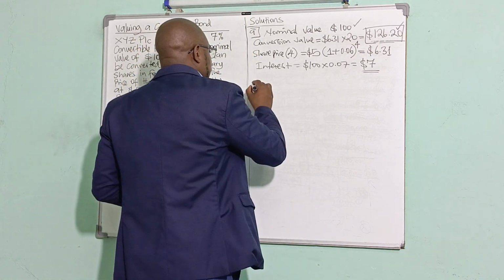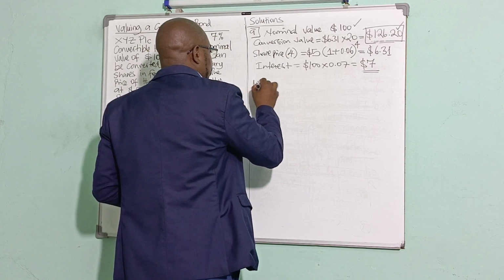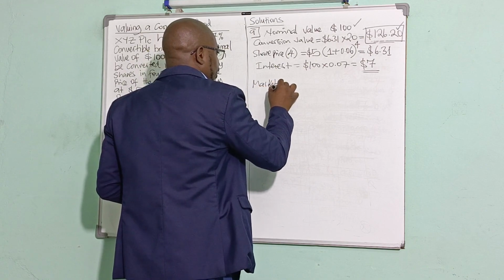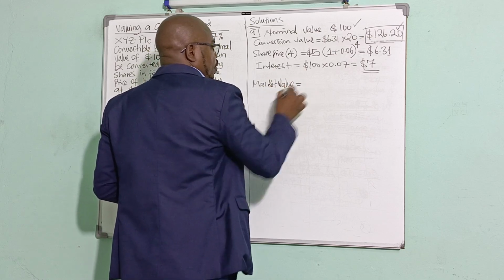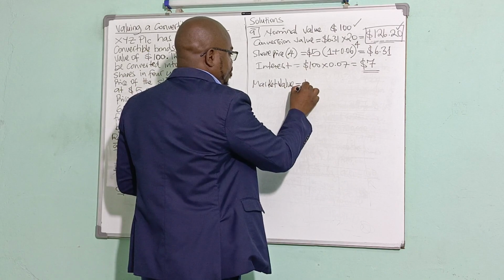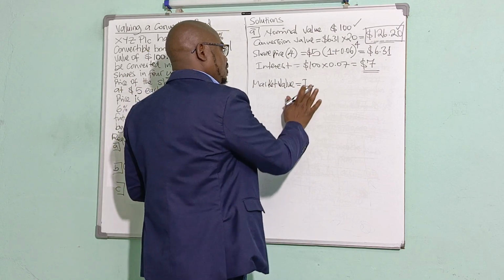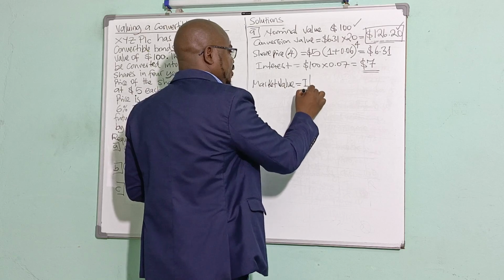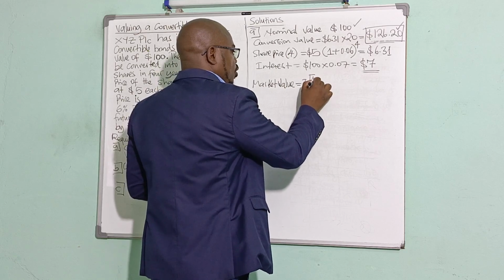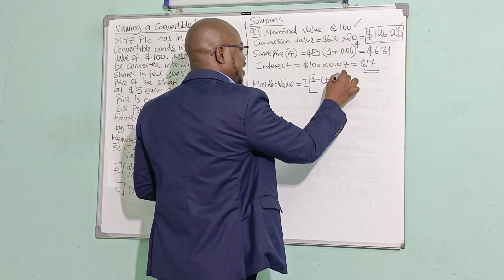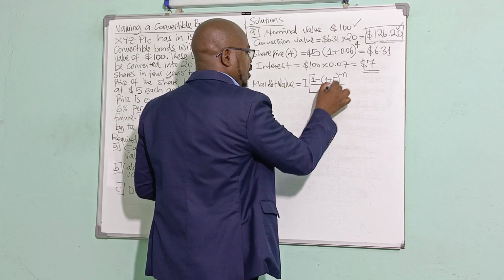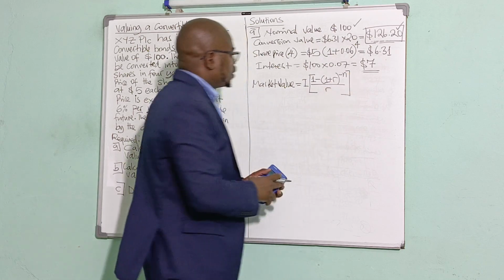I'll simply say market value of what? The bond. Okay, market value will be interest payment multiplied by 1 minus 1 plus R raised to the power negative n, over R, like that.